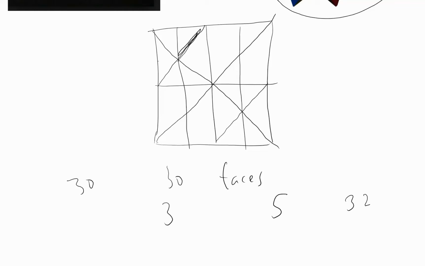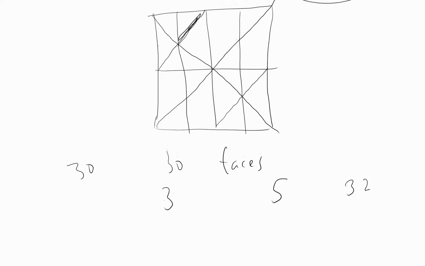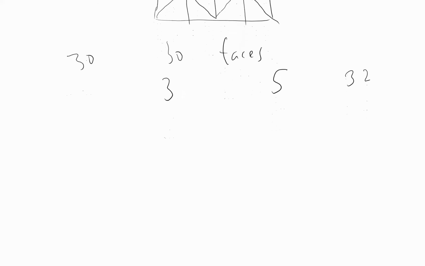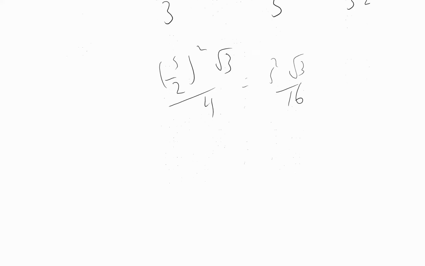The equilateral triangle base's side length is this. This is s over 2. And so the area of that is (s over 2) squared times root 3 over 4, which gives you s squared root 3 over 16.